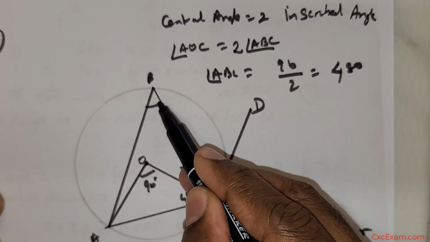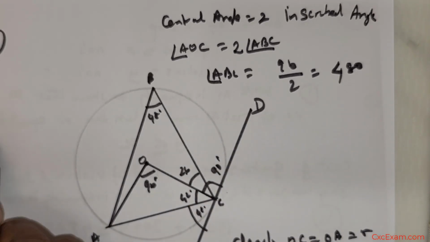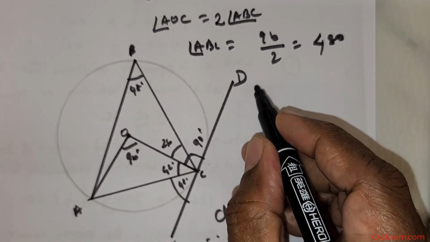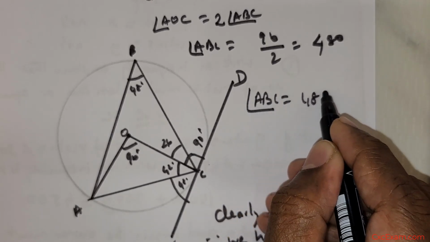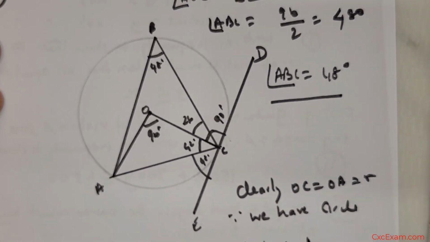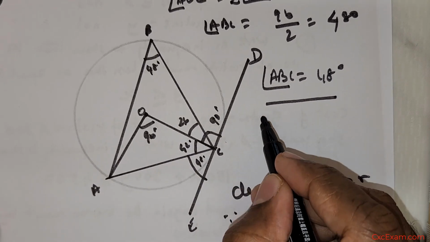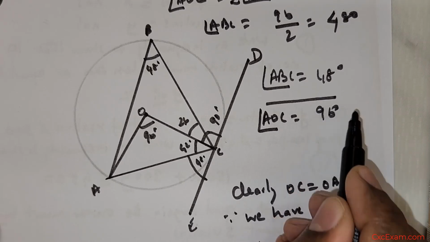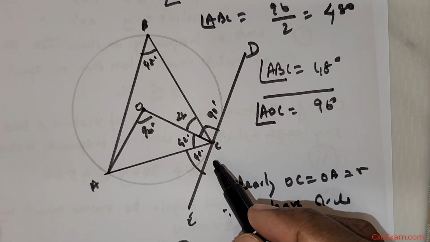So probably you can write that down: angle ABC is 48 degrees. Okay, that's one solution, and we move to the next one. They're asking to find angle AOC. Angle AOC is 96 degrees.